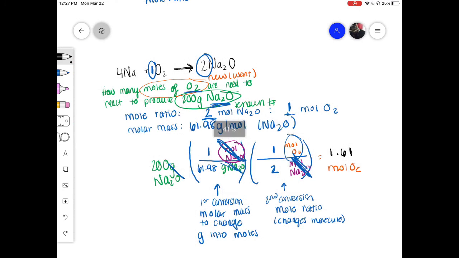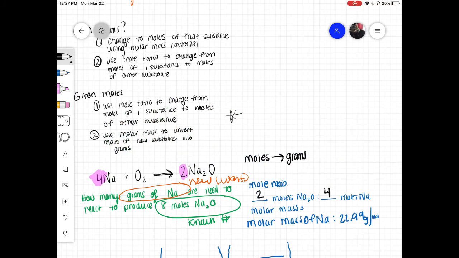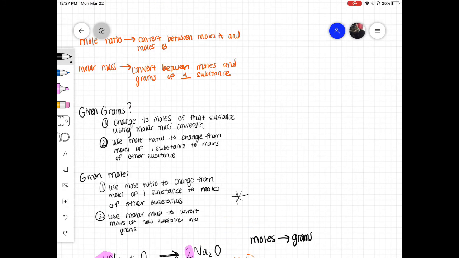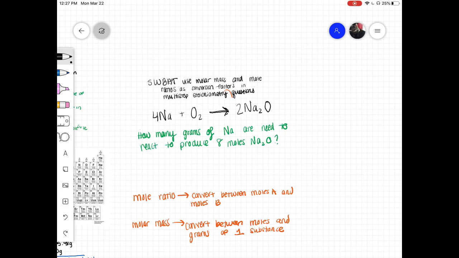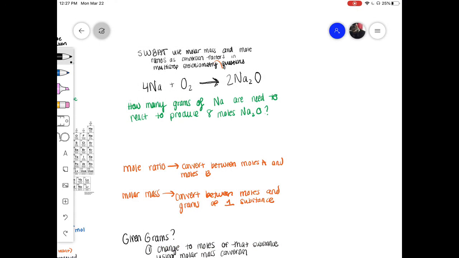When you are doing multi-step equations, you have to look at what they give you to start with and what they want. Then our next question is to determine whether we can change our substance through our mole ratio right away, or whether we have to put it into moles first.